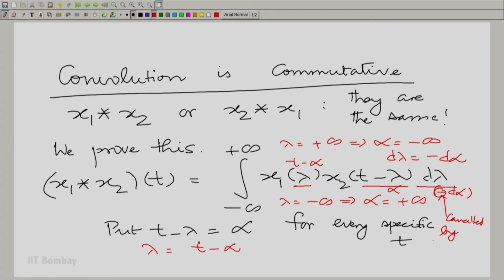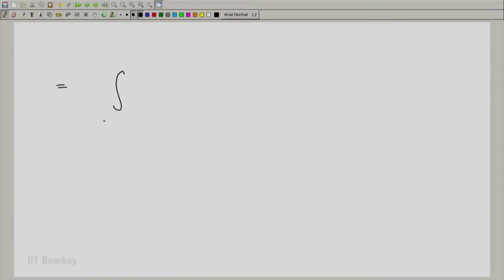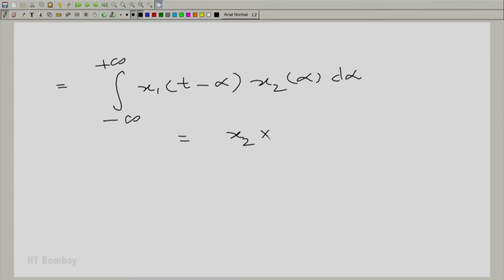So, what I am saying is that we could rewrite this as the integral from minus infinity to plus infinity of x1(t − α) x2(α) dα, and that is the same as x2 convolved with x1 evaluated at t.